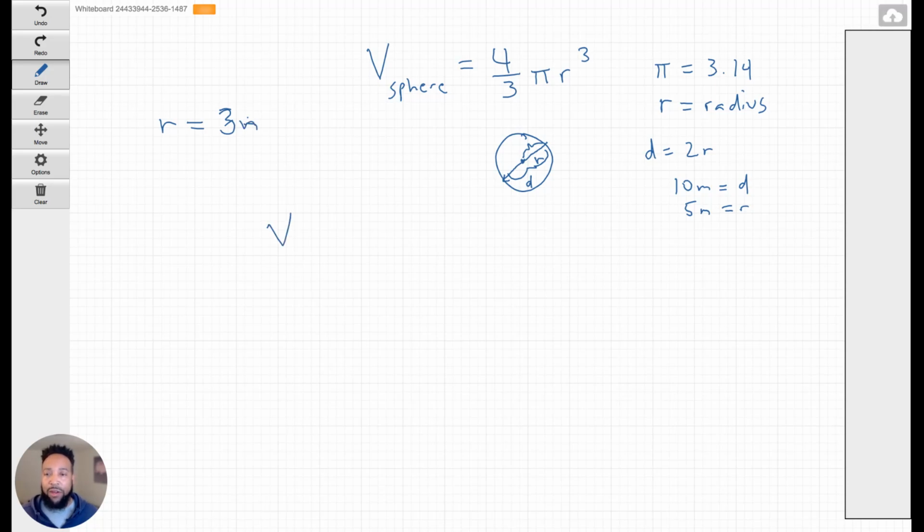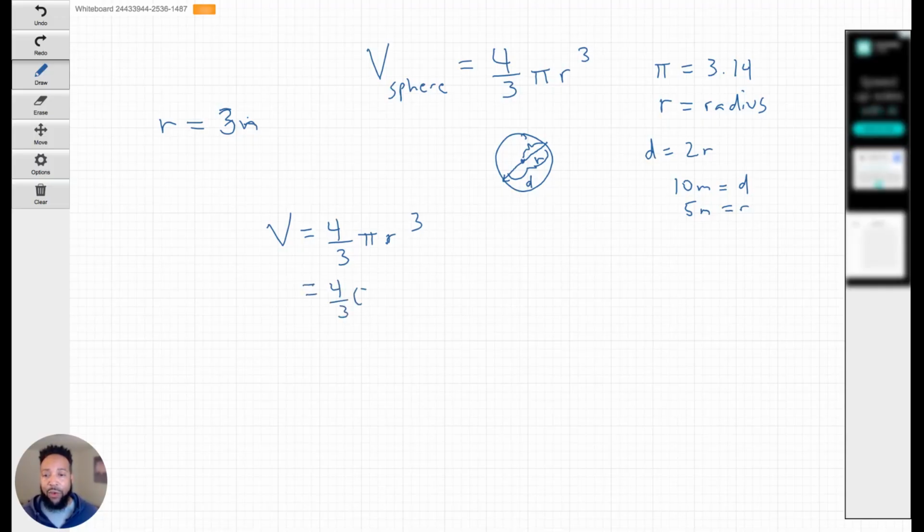So we'll come here and say volume equals 4/3 pi r to the third. We write our equation down. So now we have 4/3 times pi, which is 3.14. Then our r, or radius, is 3. So we'll say that's 3 to the third.